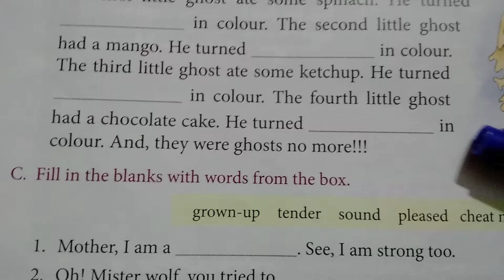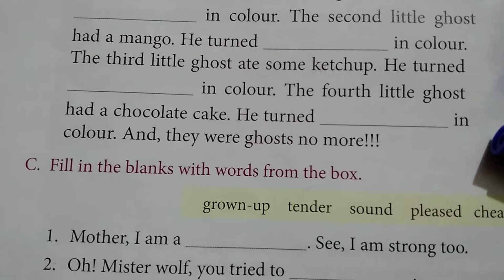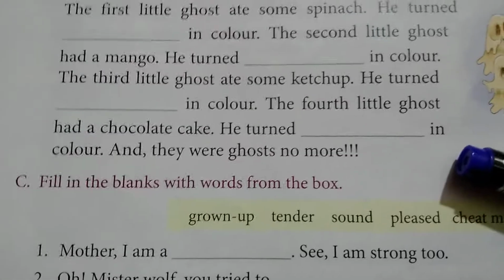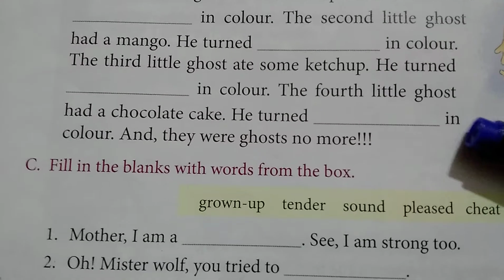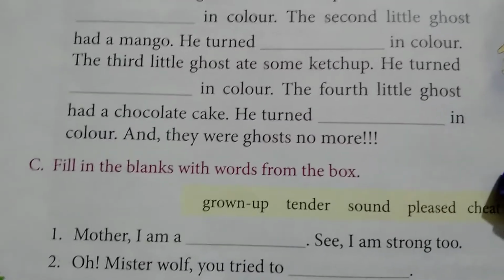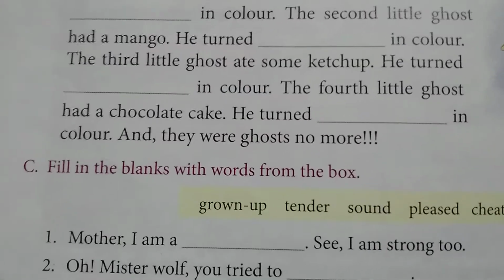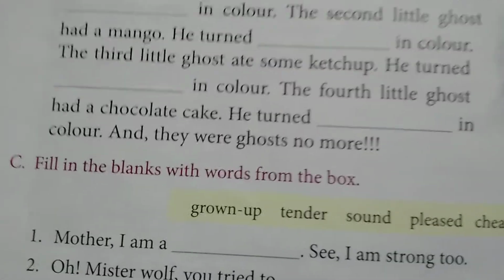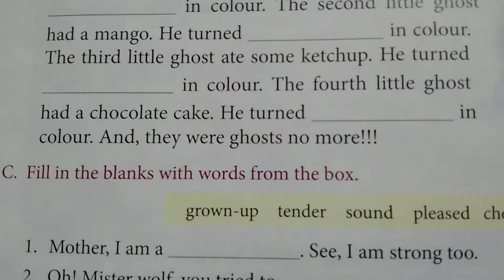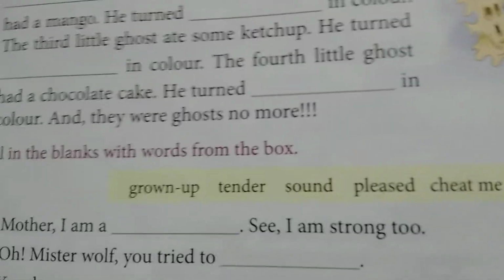So, I know that all of you love chocolate cake. And what is the color of chocolate cake? Yes, brown. So, he turned brown in color. And they were ghosts no more. So, it was a beautiful short story, isn't it? A very beautiful story. Very sweet.